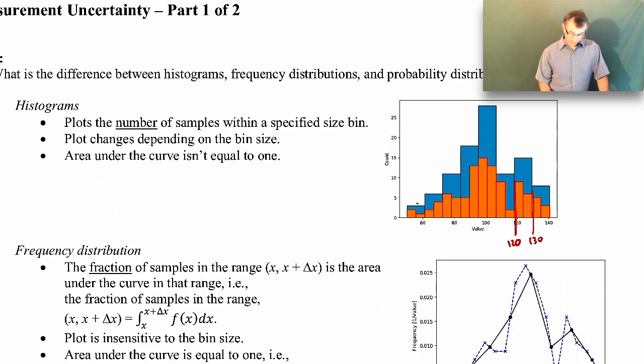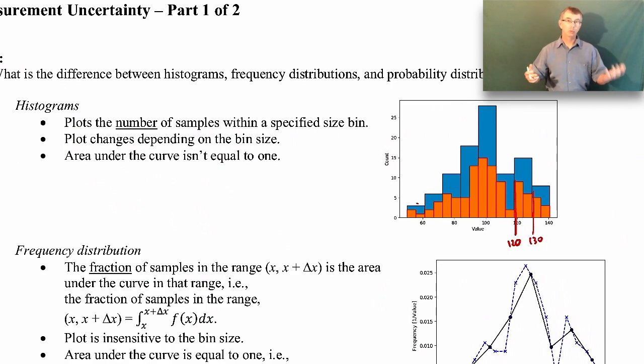In addition, if I integrated the area underneath that curve, it would not be equal to 1. It'd be some other number. So there's no kind of consistency from one histogram to the next. Now, generally, we prefer to have that kind of consistency. It's just better. The more things you can make the same when you're comparing two things, the better off you are. Right?